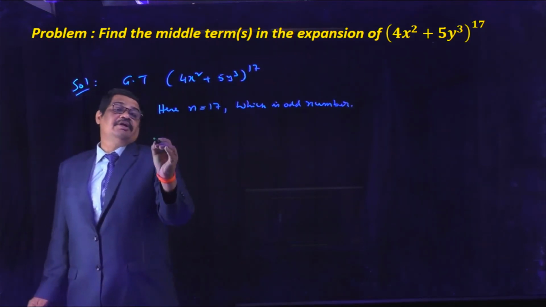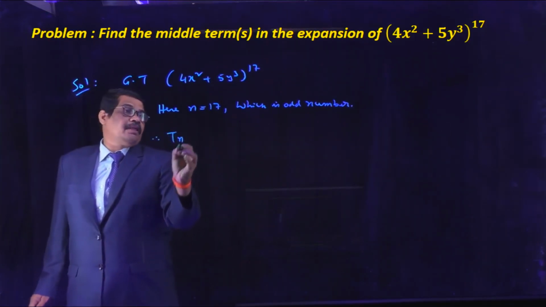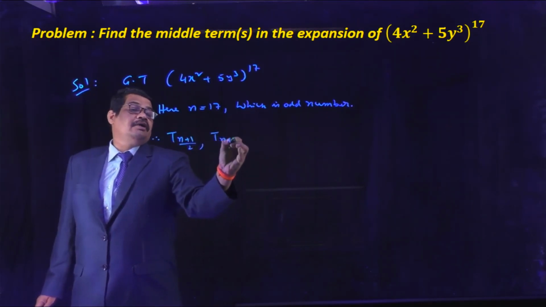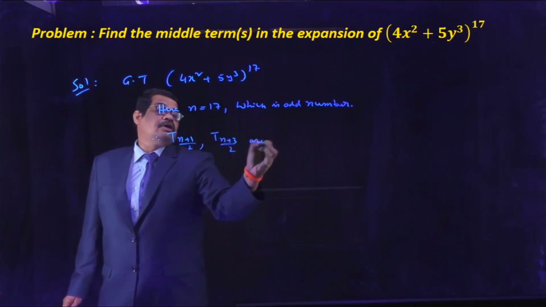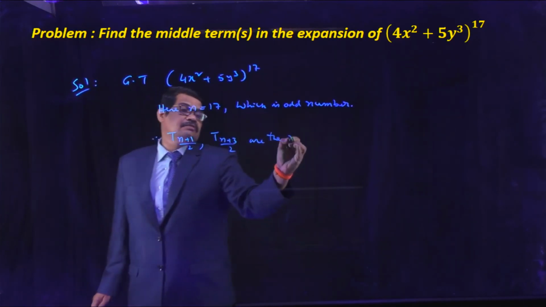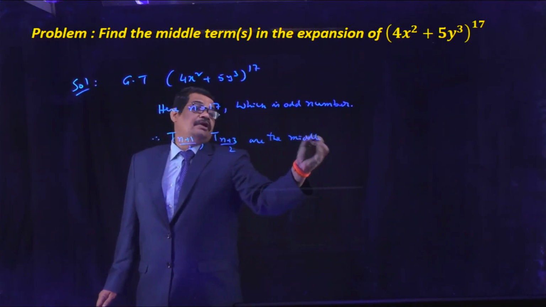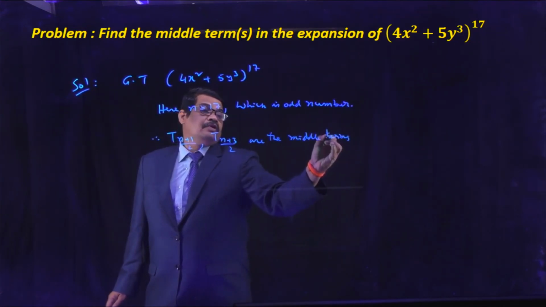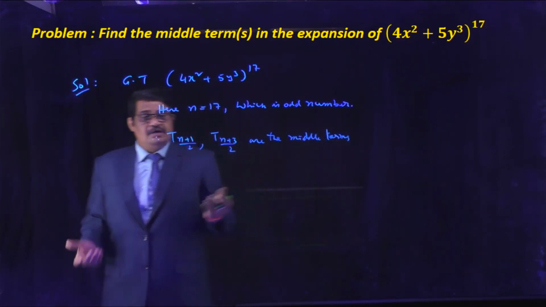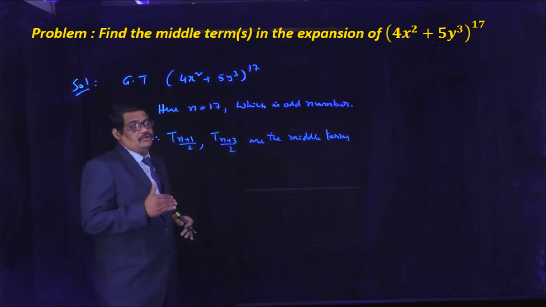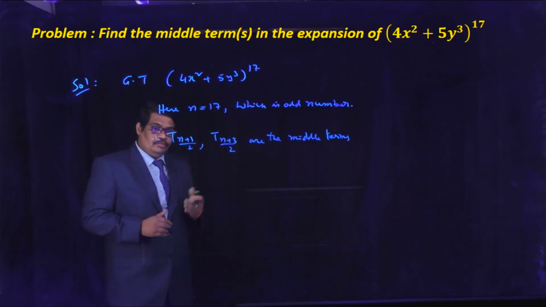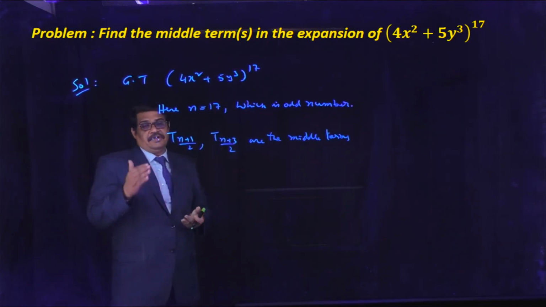T((n+1)/2) and T((n+3)/2) are the middle terms. So there are two middle terms if the index is odd.